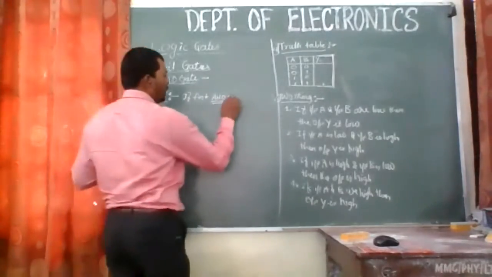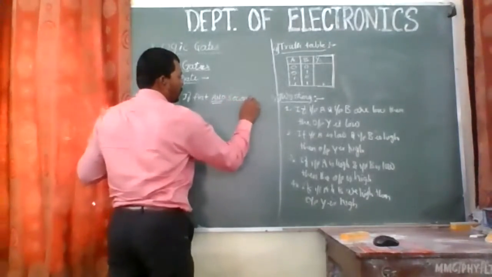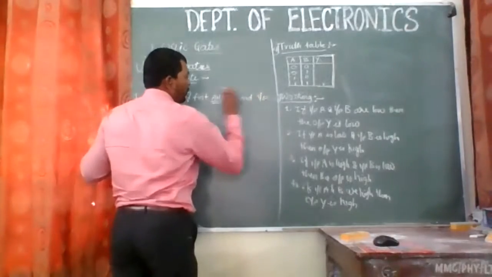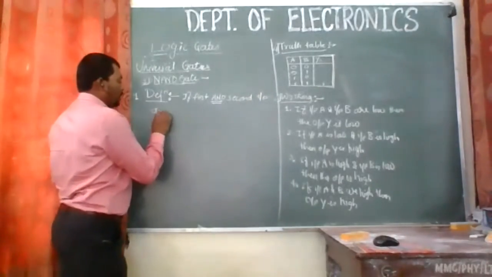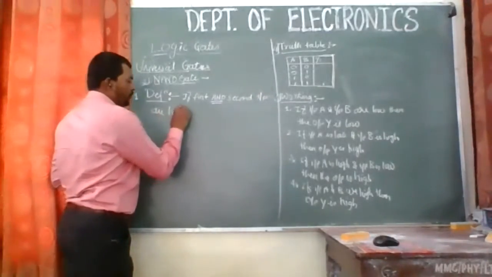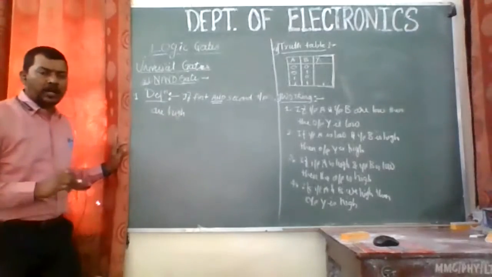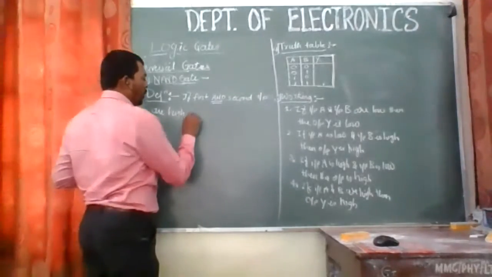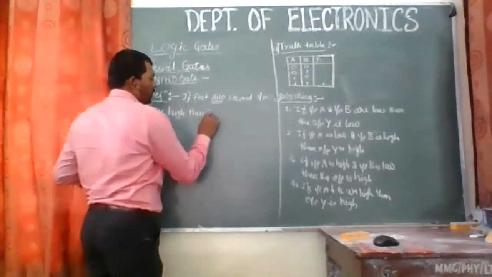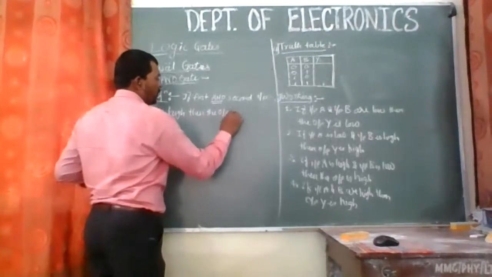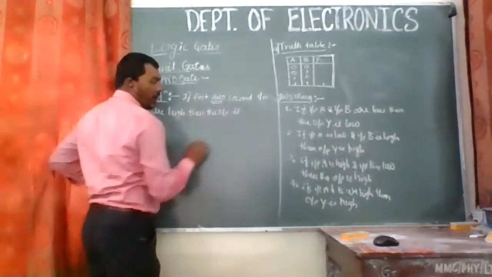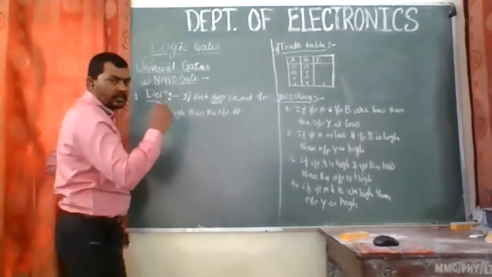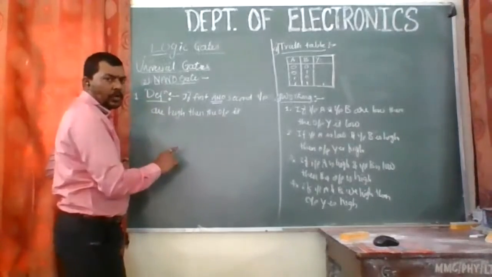If first and second inputs are high, then the output is high. What we have written in the AND gate: if both the inputs are high, then the output is high.